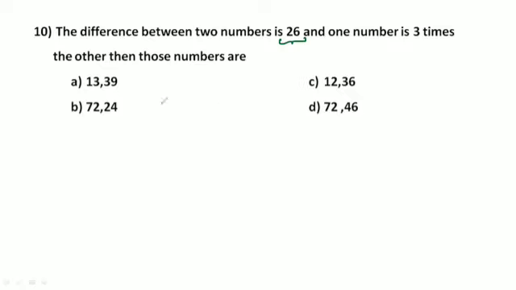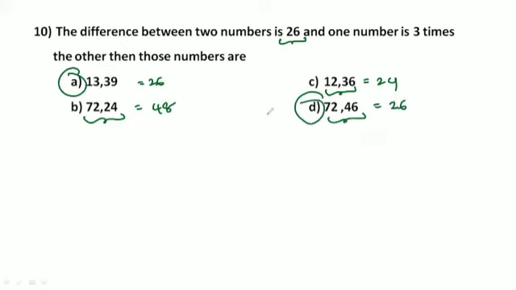In these 4 options, 39 minus 13 is equal to 26. And 36 minus 12 is equal to 24. And 72 minus 24 is equal to 48. And 72 minus 46 is equal to 26. So the answer may be A and D, 50-50%.